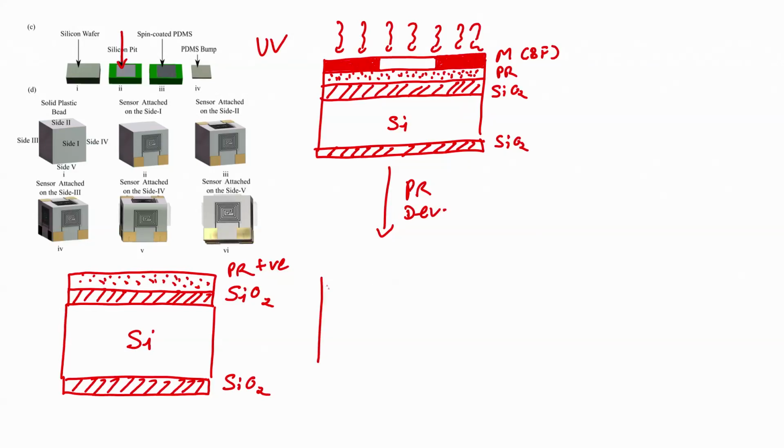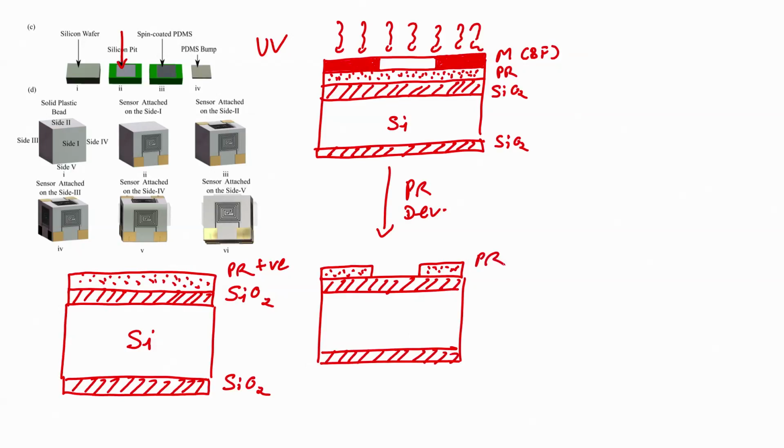What we will have is an oxidized silicon wafer with photoresist protected in this particular area, right, because we are using positive photoresist. So, the area which is not exposed will get stronger, correct.